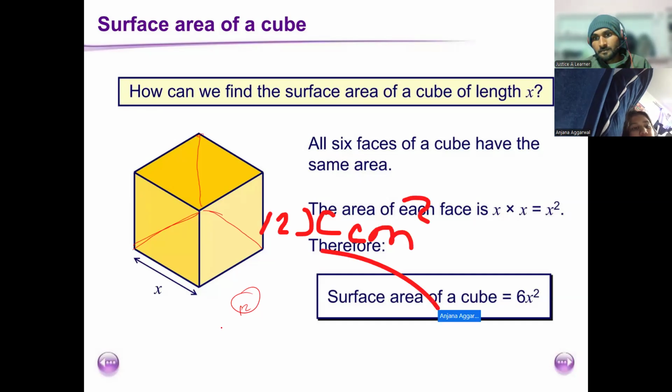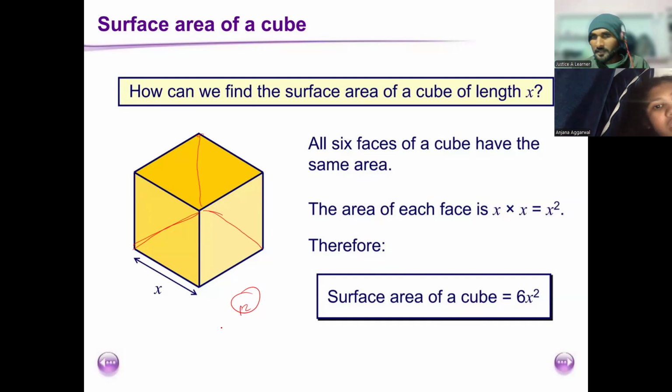But now what do we need to find? All six faces of a cube have the same area. The area of each face is x square, right? So when we add six faces, x square added six times, what would it be equal to?